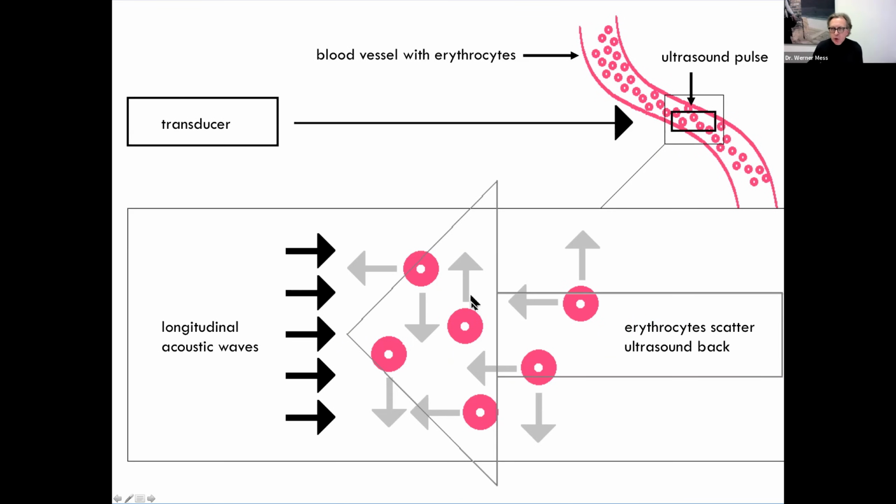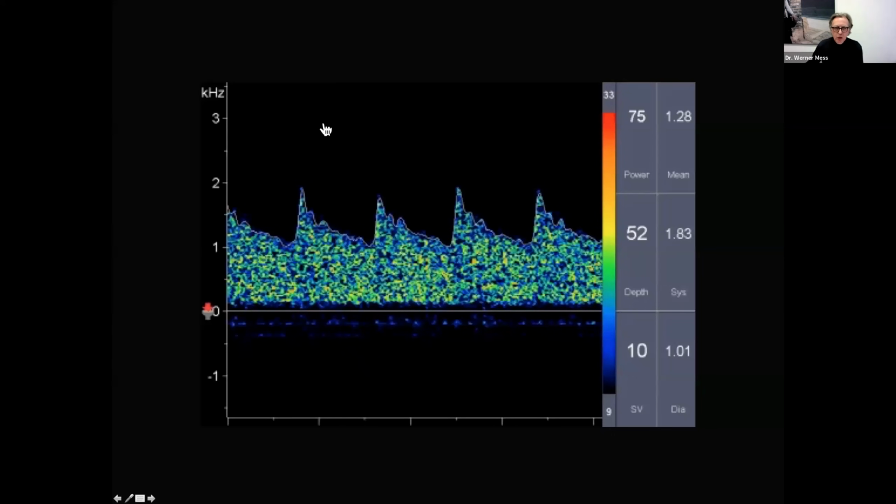And of course, there is no reflection, but there is a backscatter. The ultrasound goes into all directions. This is the small gray arrows. But fortunately, a portion of this backscattered ultrasound is going back towards the transducer, and this is actually the basis of TCD. So I will give you an example how it sounds.